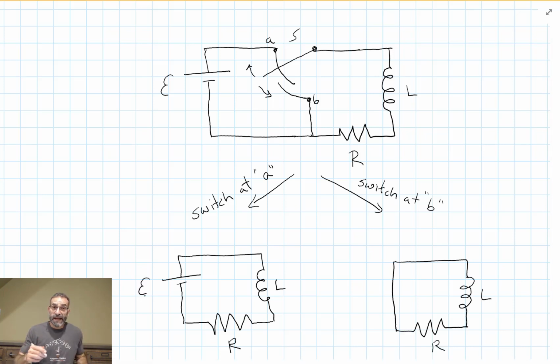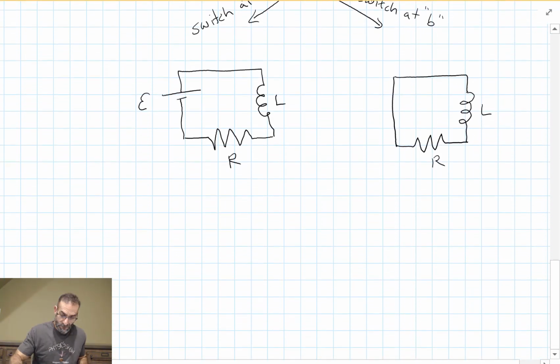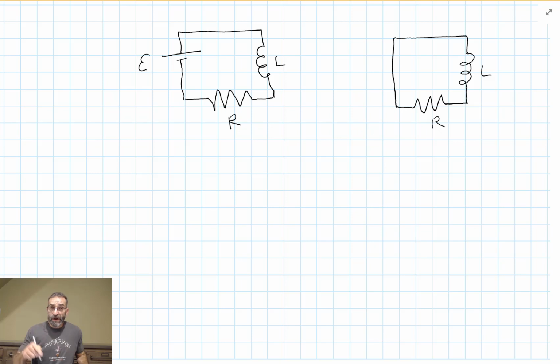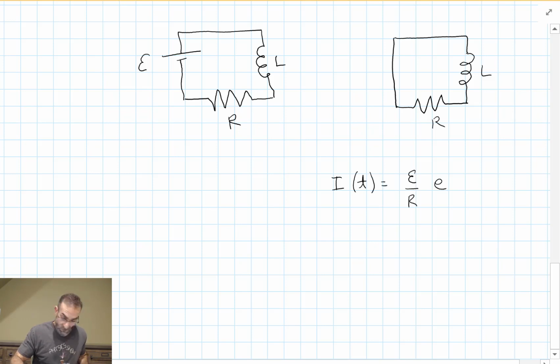So let's take a look at what happens when we remove the battery from the circuit. We can do our loop rule again, and what we end up with this time is that the current in the circuit as a function of time is some maximum value times e to the minus t over tau.